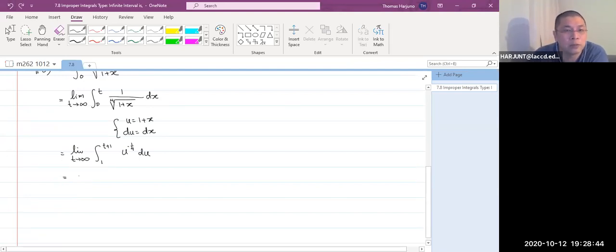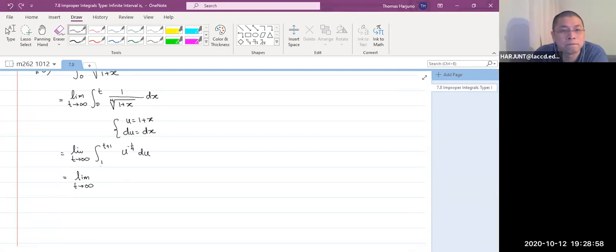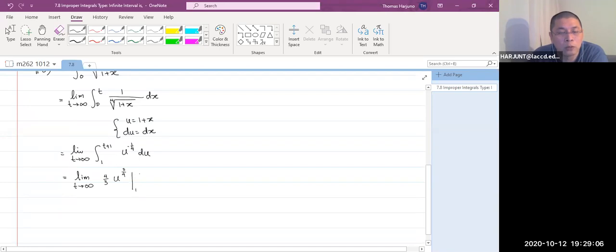I need to write the limit first. The limit as t goes to infinity of 4/3 u to the power of 3/4 from 1 to t plus 1.